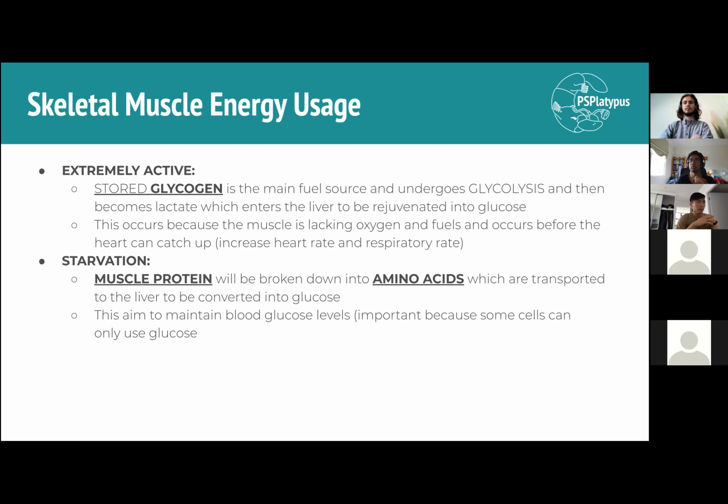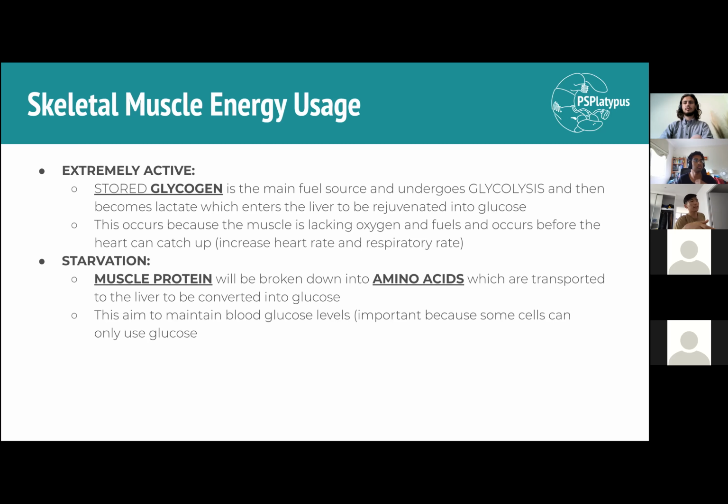This is because the muscle cells are lacking oxygen, as the heart rate and the respiratory rate need to first start up and catch up to give enough oxygen to the muscles to actually begin aerobic respiration.